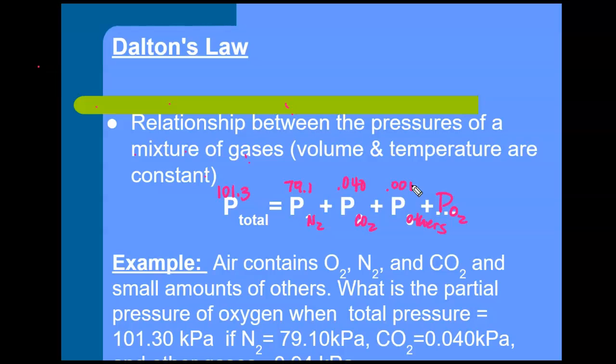Ultimately, we would add everything together on the right-hand side and then subtract so that we solve for PO2. So when we do that, we end up with 101.3 minus 79.1 minus 0.04 minus 0.001. And we end up with 22.16, and the unit label was kPa.